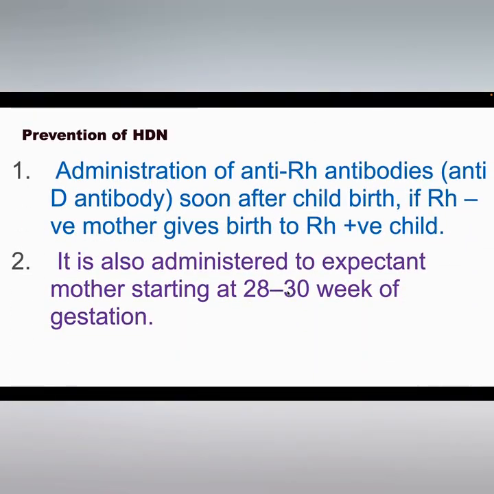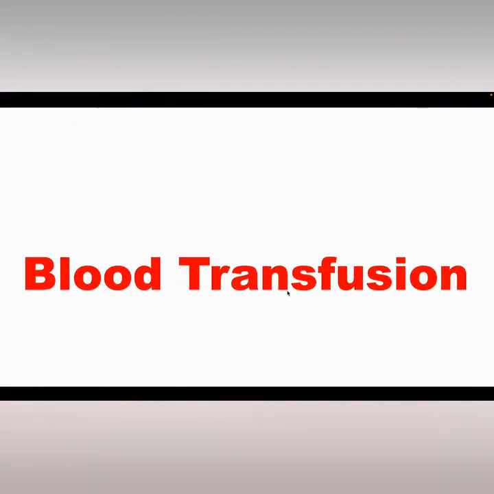Prevention: administration of anti-Rh antibodies, we call anti-D antibody, soon after childbirth when the Rh negative mother gives birth to a Rh positive child. This can also be given around the 28th to 30th week of gestation as prevention.